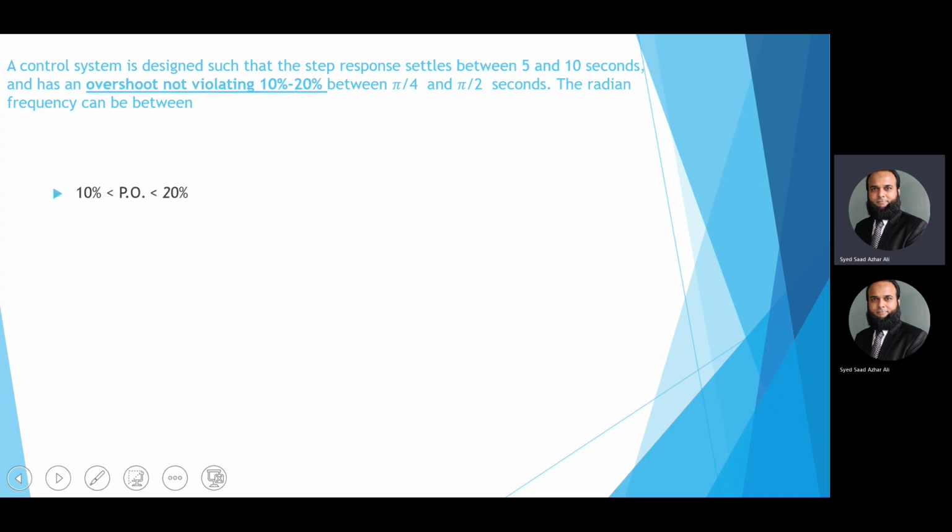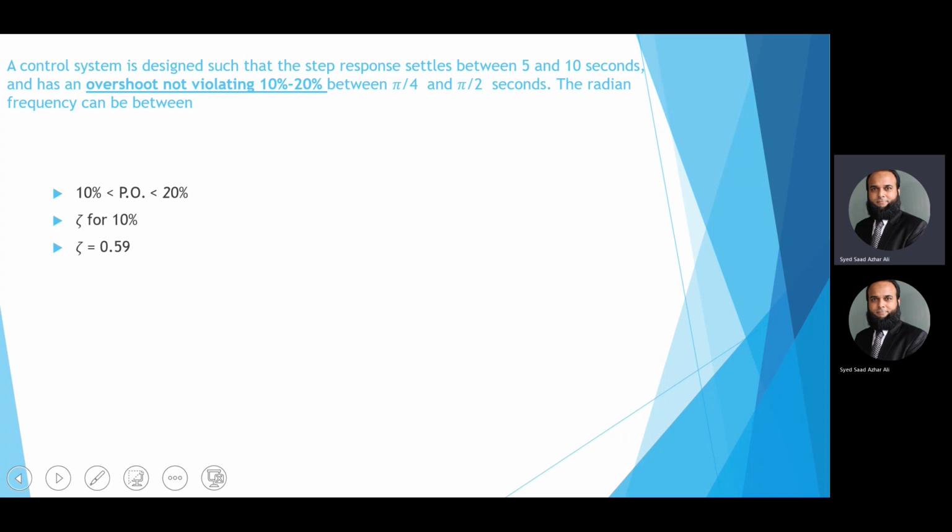Then we move to percentage overshoot, as we have highlighted, overshoot not violating 10 to 20%. From percentage overshoot, we can get directly the zeta, and from that we can get the theta. For 10%, I have done the calculation before. For 10%, the zeta is, you can use the formula, and I will be giving you the formula in the exams.